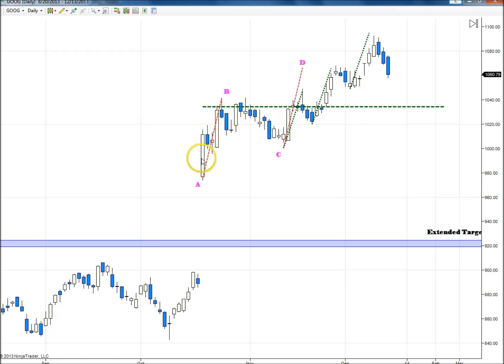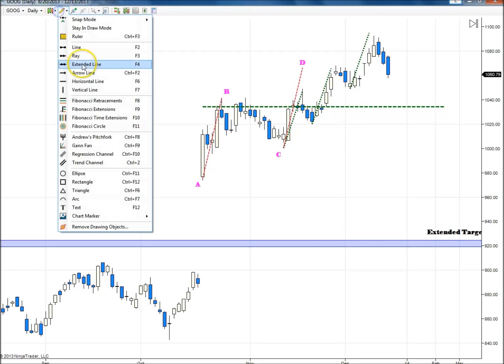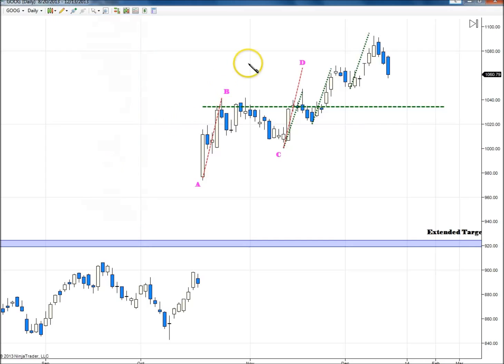So what we have here now is ABCD and a 3 drives pattern, and we can see that on Friday the price pierced back below the D point of the larger pattern, which, we can probably consider this price action as a false break.